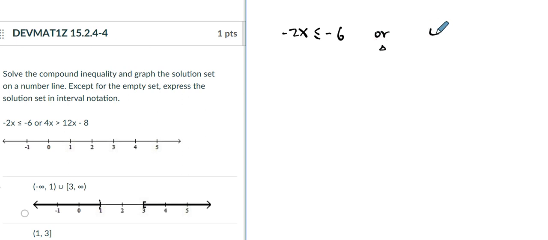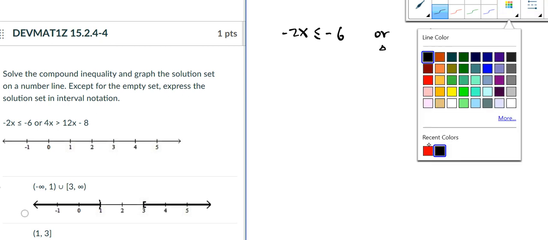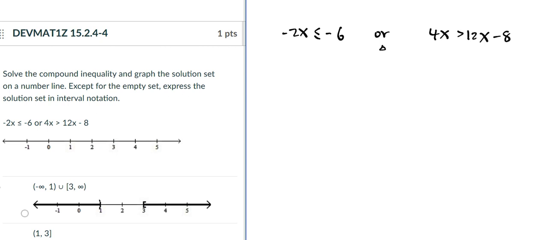And here is 4x greater than 12x minus 8. Okay. Here we are dealing with a negative coefficient.